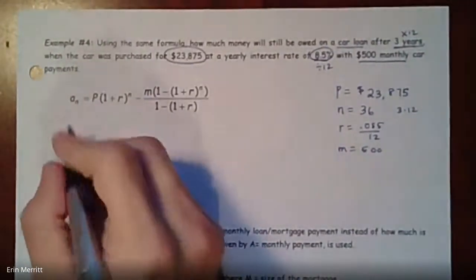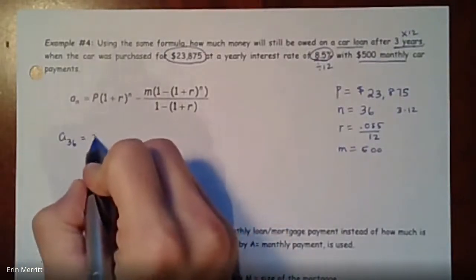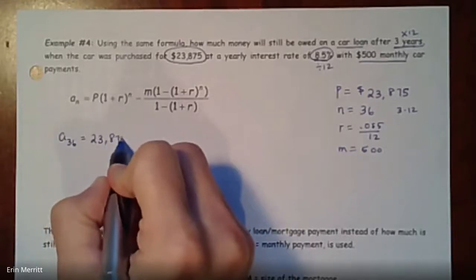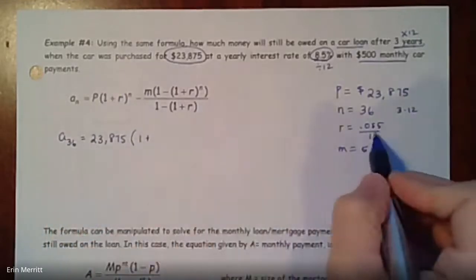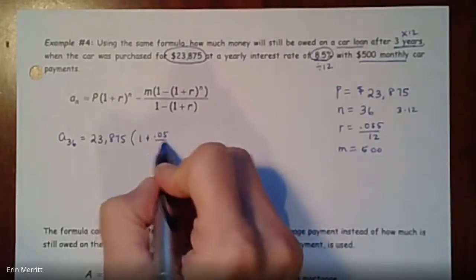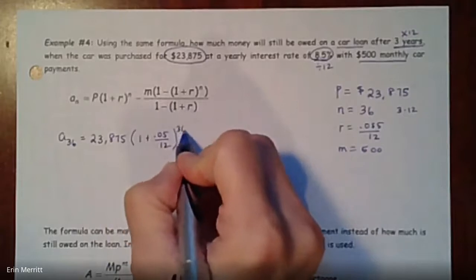So let's plug on in. So A sub 36 would be equal to 23,875, and then times 1 plus, all right, in for R, 0.085 over 12, raise that to the 36 power.